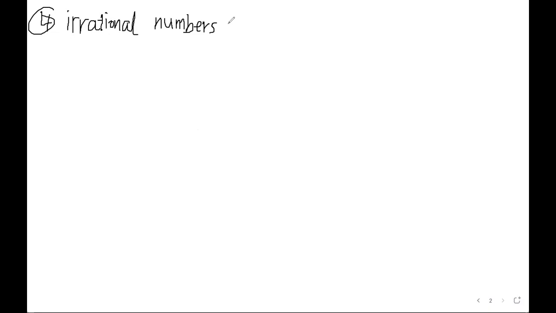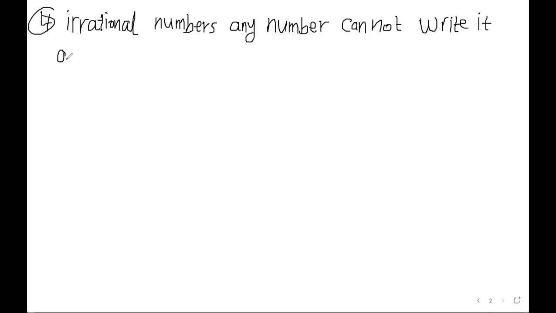I said the rational numbers are any fraction, like M over N. Irrational numbers are any number that cannot be written as a fraction, as a ratio, R equal M over N. If I cannot write the number as a ratio that looks like this, then the number is irrational.